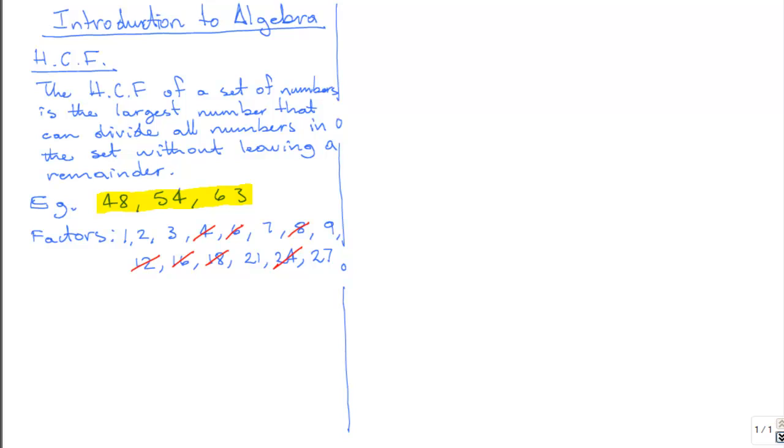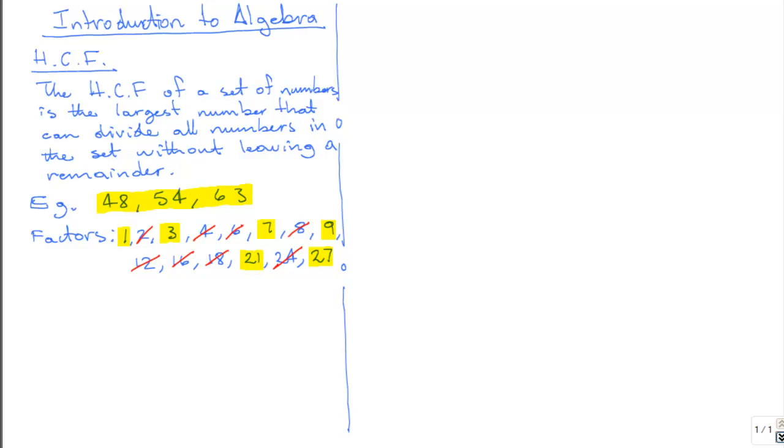There we go. Oh, we missed one, the elusive number 2. So we have eliminated all the even numbers from our set of factors. So we are left with these numbers 1, 3, 7, 9, 27, and 21.